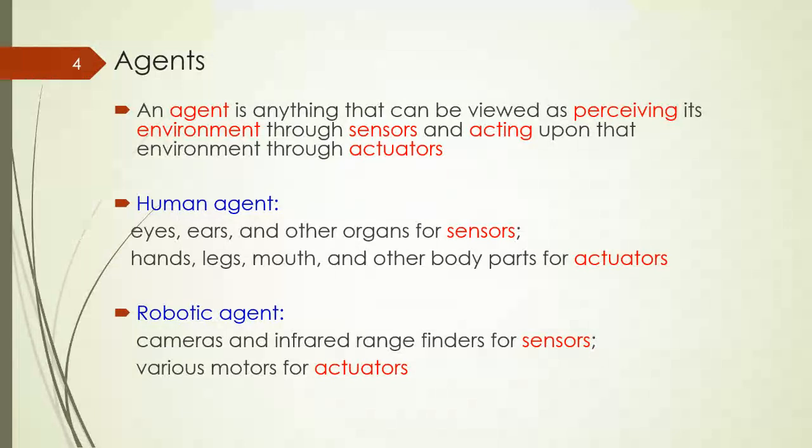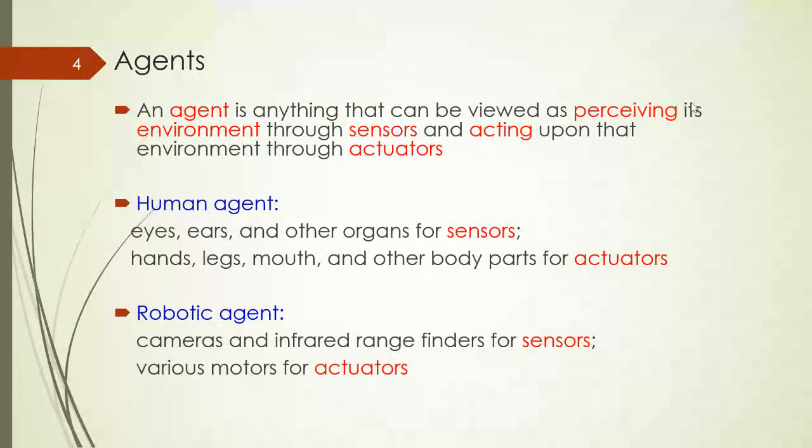For instance, if we consider a human as an agent, ears, eyes, and other sensory inputs are your input sensors, and actuators like hands, legs, mouth, and other parts of the human body are actuators. Very basic. This idea of agent is coming from living creatures.